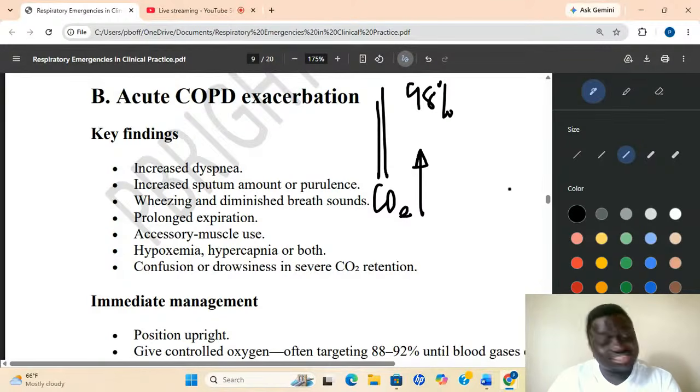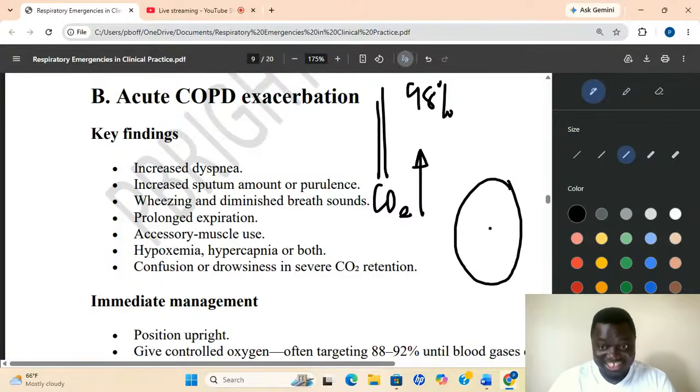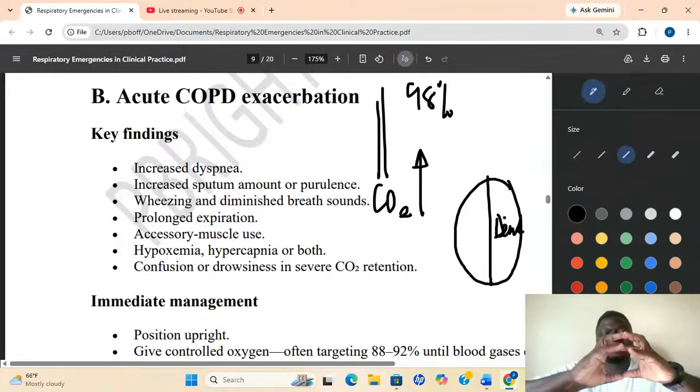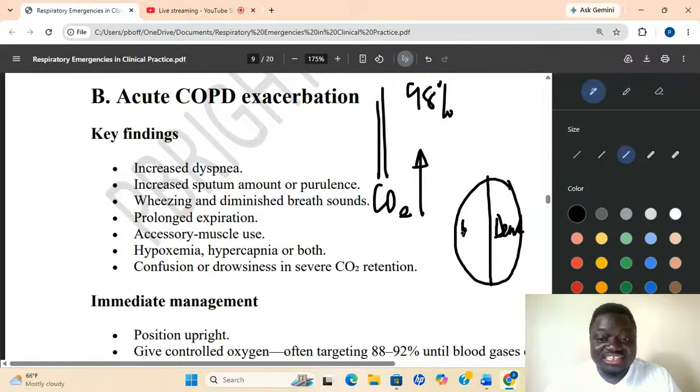I told you that in COPD, when you take their lungs, example, half is not working, is dead. The alveoli are collapsed, they have closed. Open alveoli are like this, but a collapsed lung is flat. And half is working, is alive. That is the COPD patient.